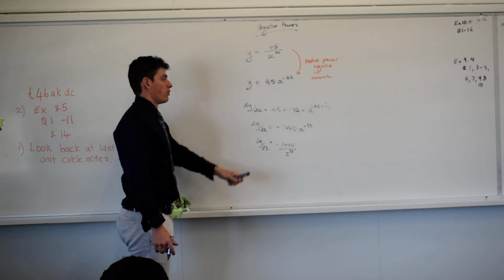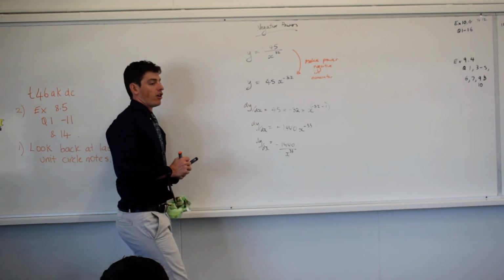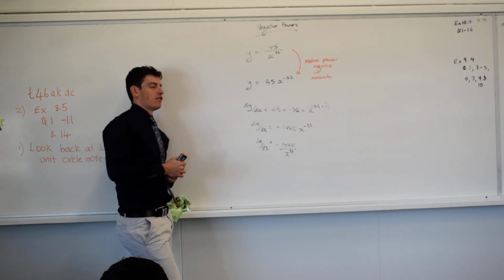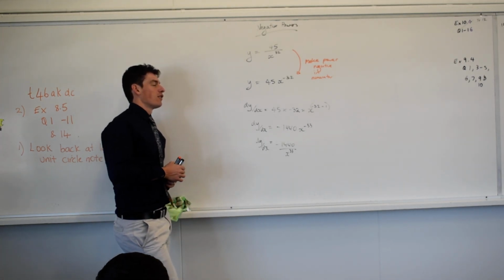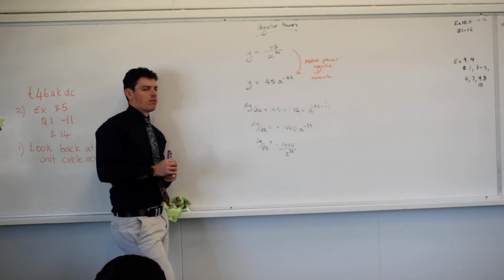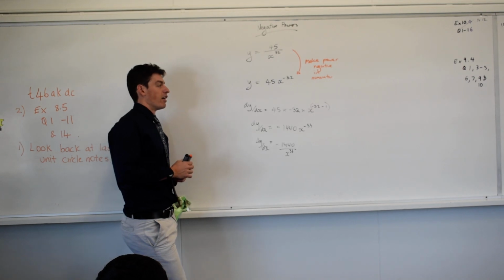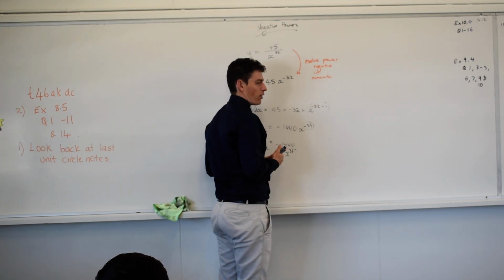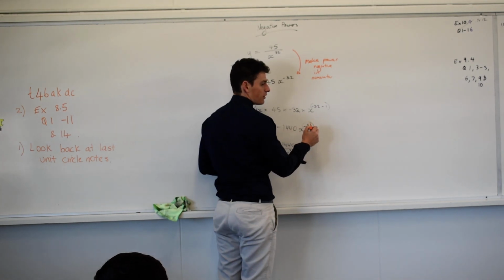What's the most common error I would see on this question? Negative 32 take 1 becomes negative 33, but people will write that as negative 31.